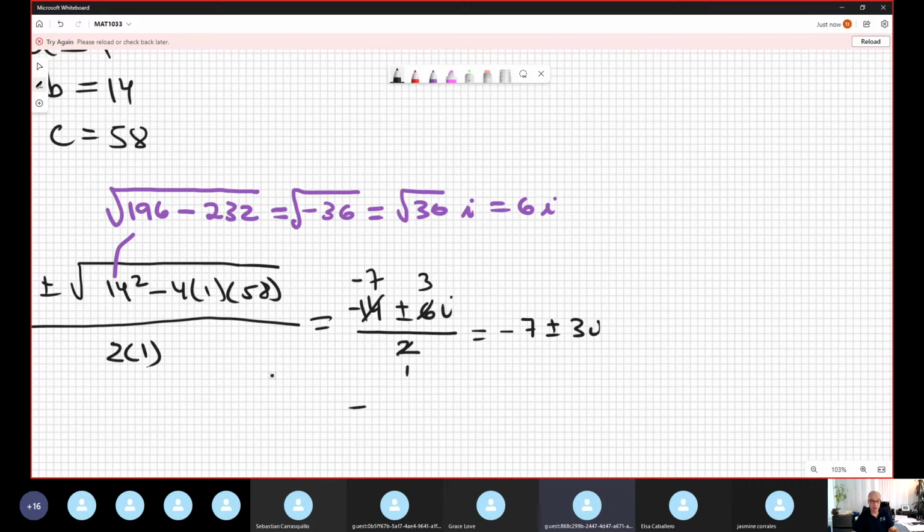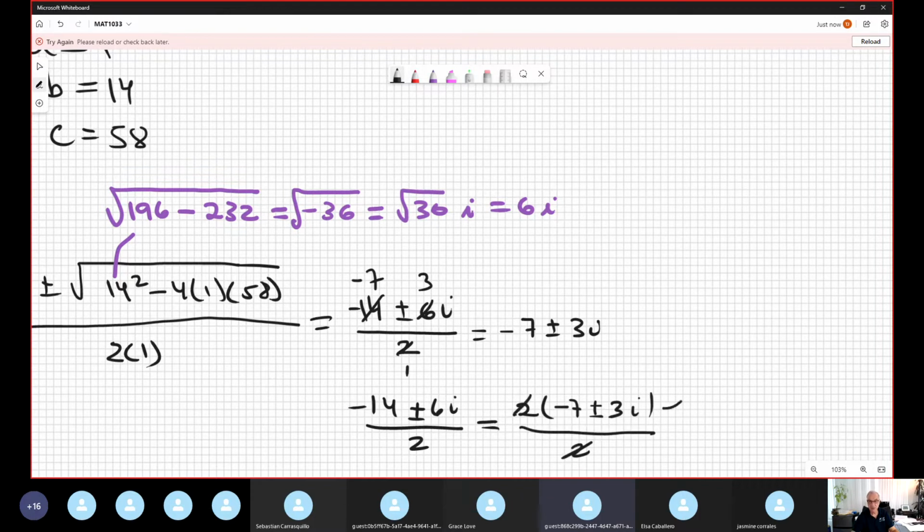Okay, no problem. Negative 14 plus or minus 6i divided by 2. You seek in the top 2 as a common factor because they are even numbers. Minus 7 plus or minus, I forgot plus or minus here, 3i divided by 2. Cancel out that 2, and we get the same: minus 7 plus or minus 3i.